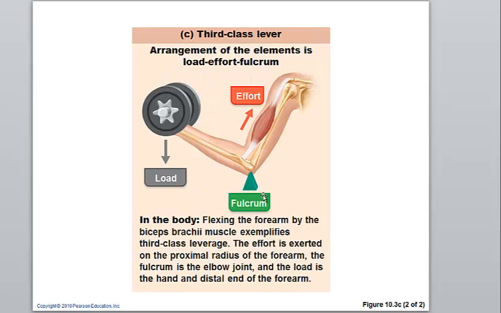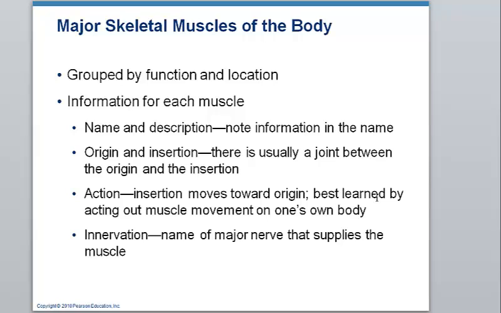In your body, it's lifting something with the help of your biceps muscle. So that'll be your effort, fulcrum right over here, and the load on the other end. So these are all the lever systems that you have in your body and how your muscles move the load. Now let's move on to the muscles.